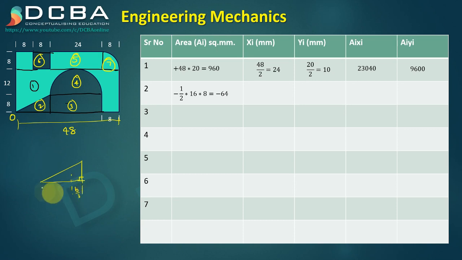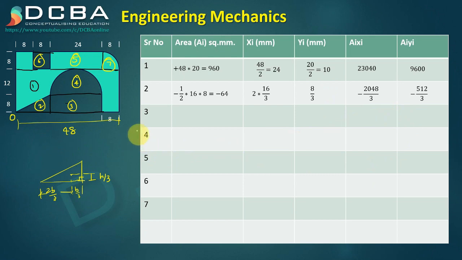From the other end it is 2b by 3, right? So here it is 2 into 16 by 3. Yi will be 8 by 3, because this is the simple h by 3 from point O. So AiXi and AiYi we get.